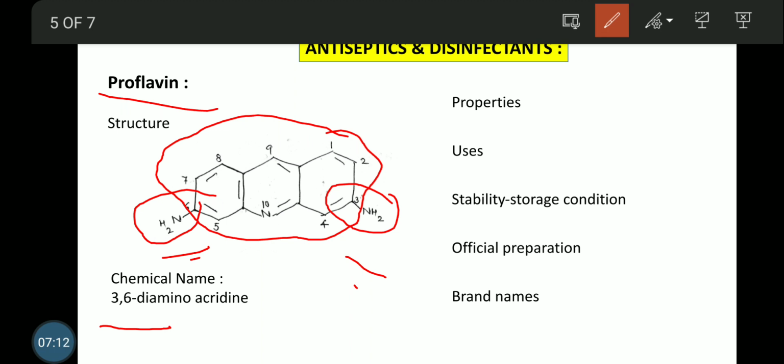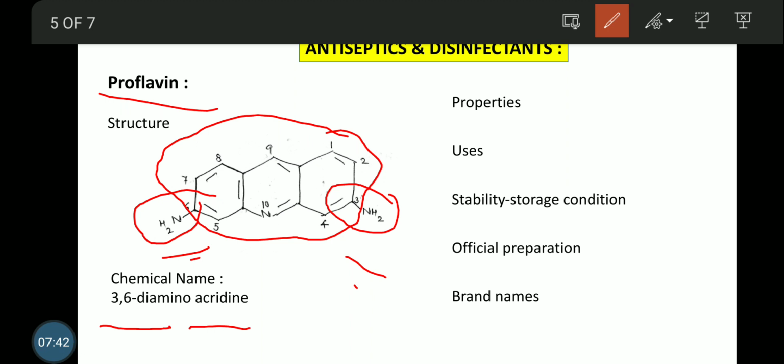Hence what is the chemical name? 3,6-diamino and the basic structure, that is acridine. The chemical name is 3,6-diaminoacridine. Properties: it occurs as orange to red crystalline powder, odorless. It is very soluble in hot water, sparingly soluble in water, but practically insoluble in chloroform and ether.